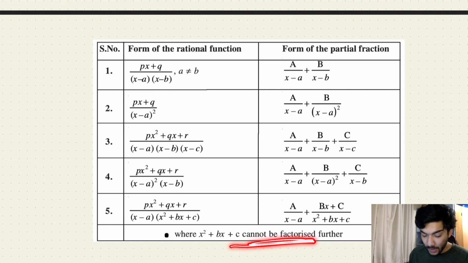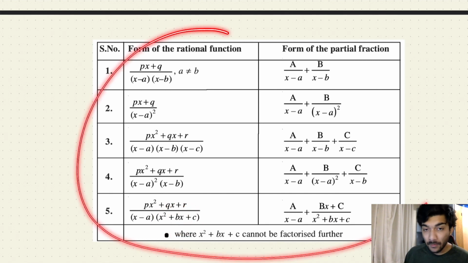But for the quadratic expression which cannot be factorized further, you'll take that quadratic expression in the denominator and then take a polynomial of one degree lesser than the quadratic polynomial in the numerator. Since in this case the polynomial is of degree 2, you have an x square term, so in the numerator you'll take a polynomial of degree 1. I hope that makes sense.